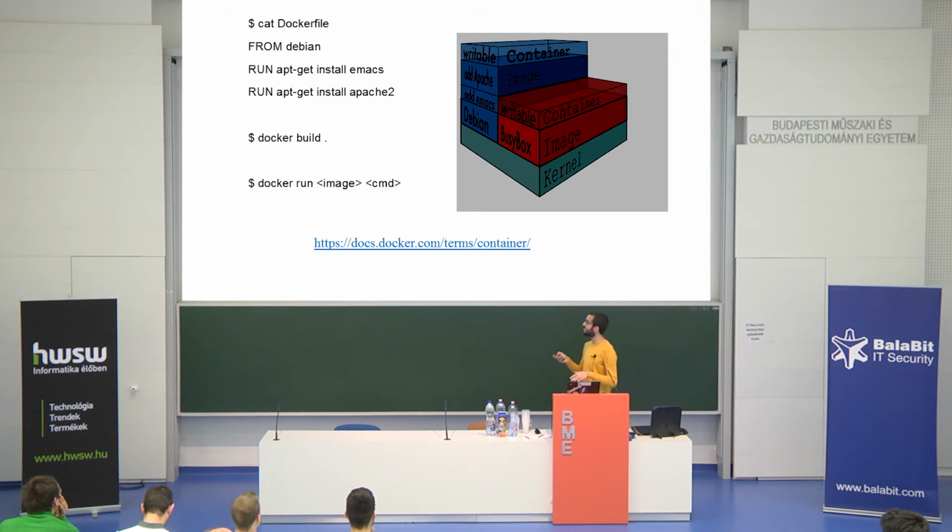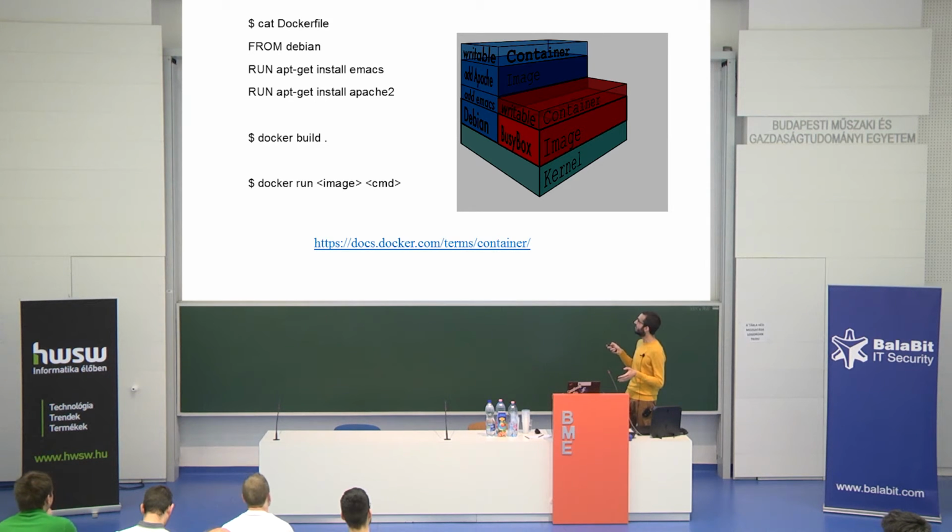Since this Dockerfile is so short, docker build gives us as a result a reference to this Apache image. When we want to run that as a container, we use docker run, the reference to the Apache image, and some command, like /usr/sbin/httpd, which is the command that runs the Apache web server.